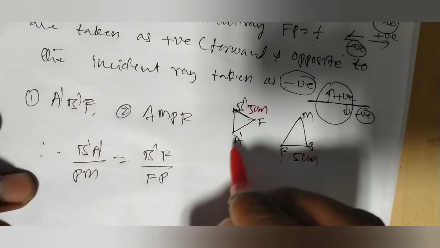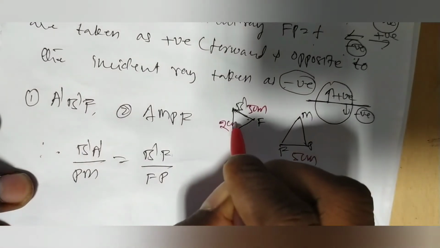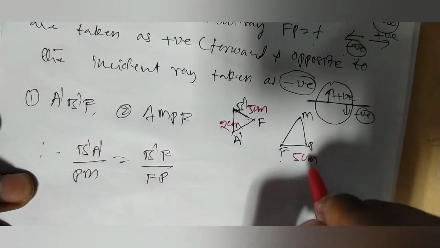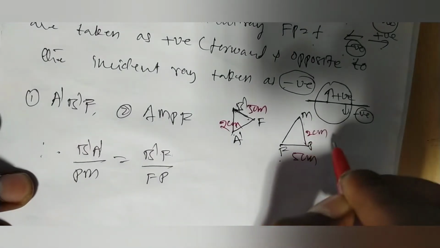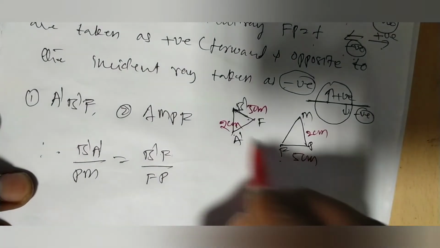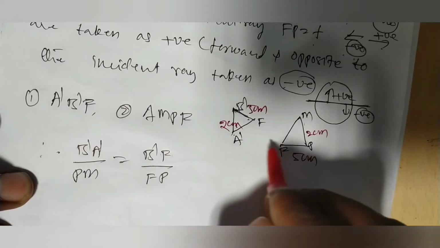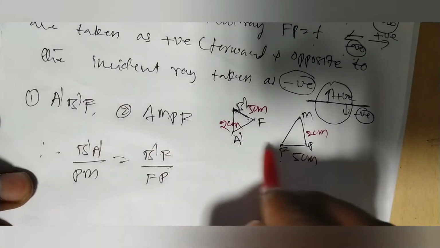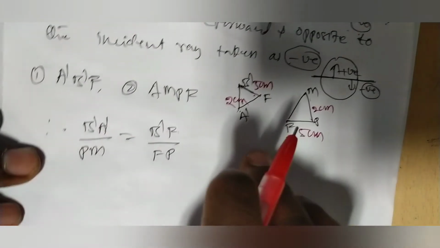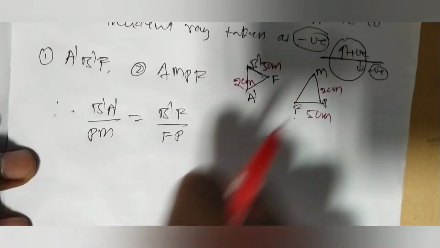Suppose here A dash B dash is equal to 2 centimeter, PM is 2 centimeter. Both are right angles, both having the same nature and similar cases. That's why we can compare both triangles.